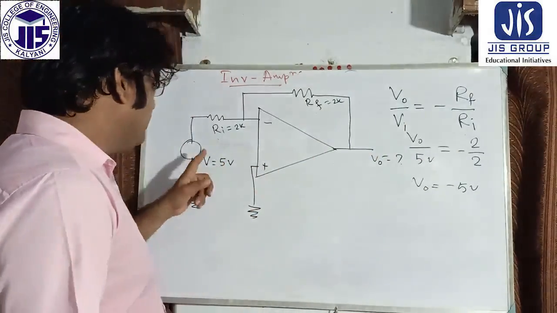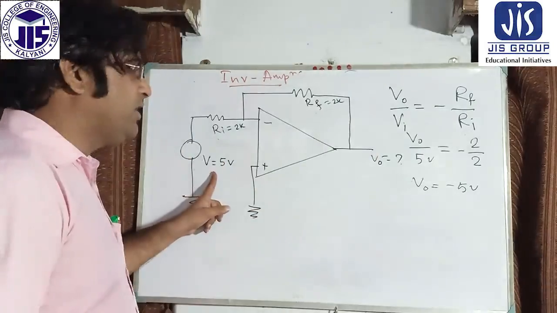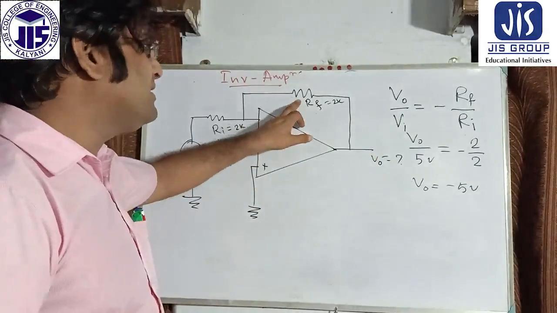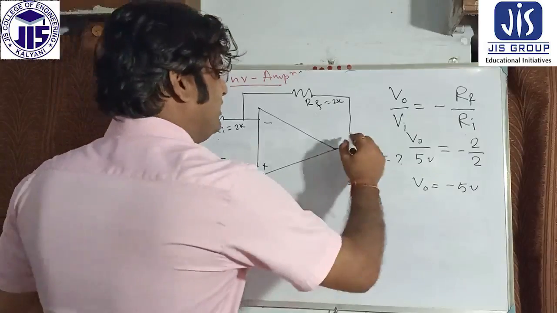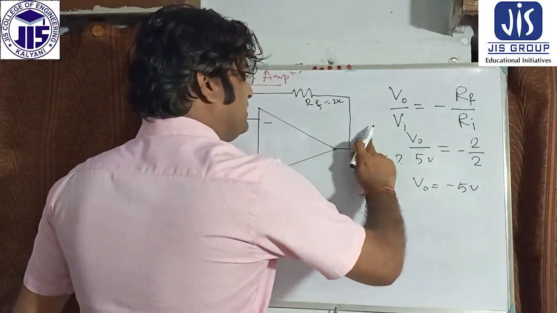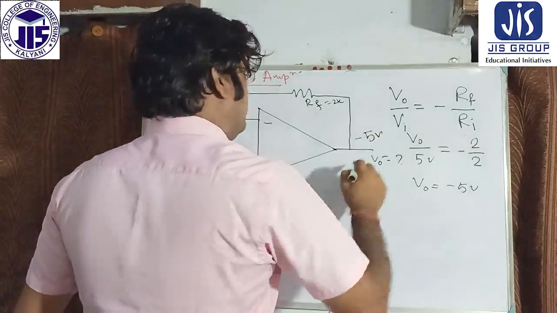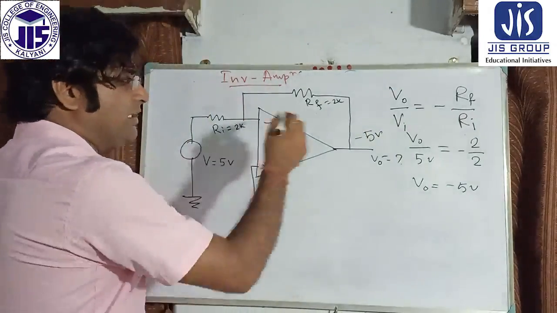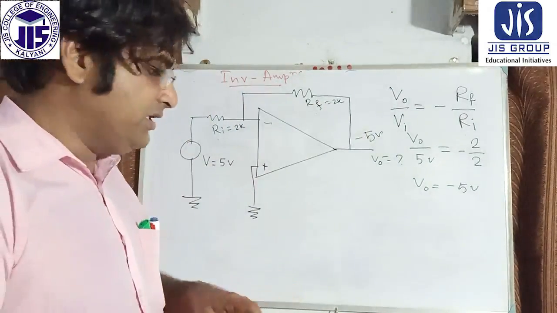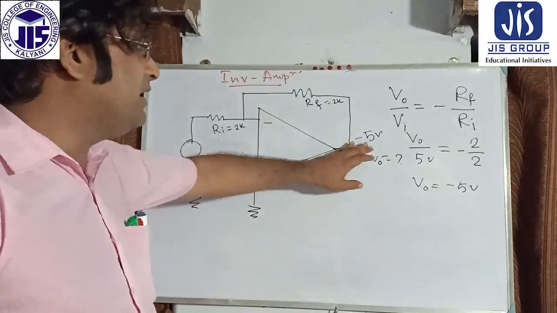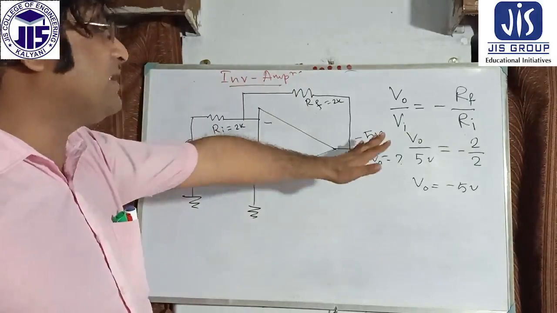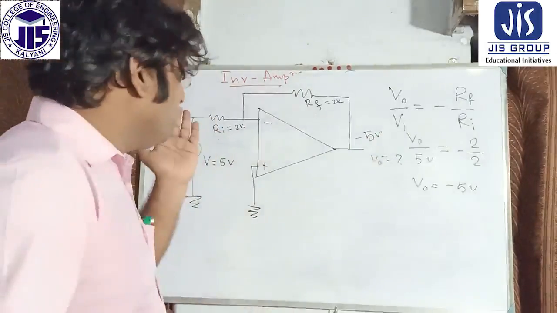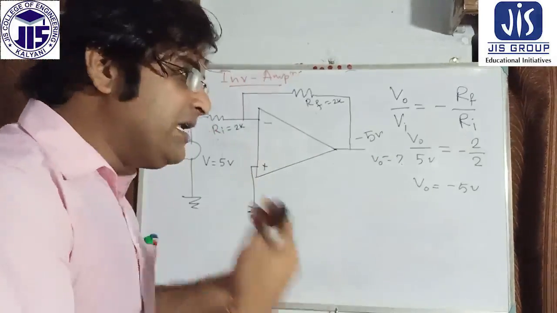We just saw that introducing the voltage of 5 volt here, if this and this resistance are the same, then automatically I get the voltage here that is minus 5 volt. Here is the plus 5 volt and here is the minus 5 volt. So plus 5 volt to minus 5 volt. Okay, very good. That means it's only inverting.